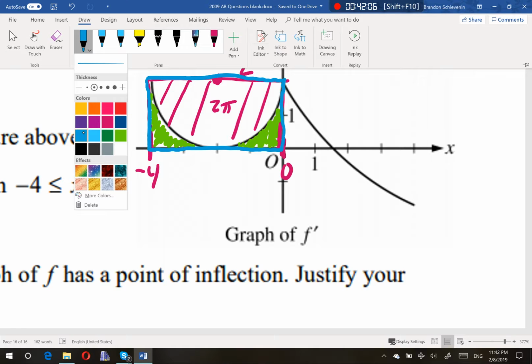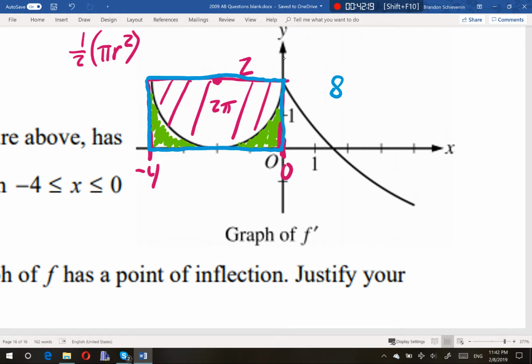Okay, so I've got 4 units down here from 0 to 4, and I've got 2 units here from 0 to 2. So I've got an area of 8. We're moving from -4 to 0, so this is still a distance of 4, and this is a distance of 2.